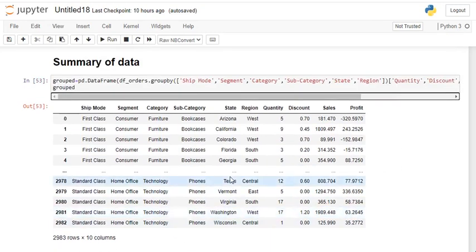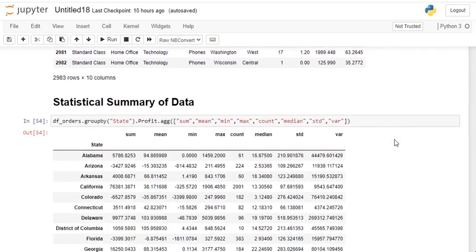Here we are going to summarize the data: what category, what subcategory, which state. Here the data is seen in alphabetical order, see here, first A, C, F. Likewise, around 2983 rows are there. How much quantity was ordered, what discount is offered, what the sales are, and what the profit is.